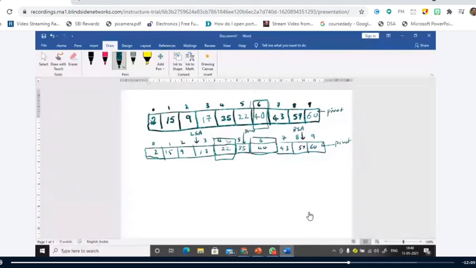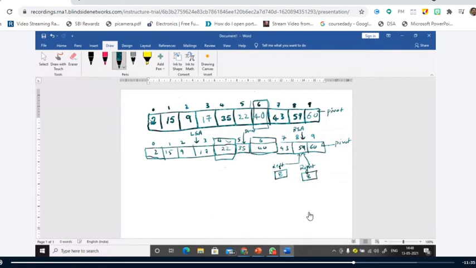Yes, sir. Now, the second step is you take the left pointer. What is the value of left? 7, sir. And you take the right pointer, which is pointing to 59. 43 compared with 60. Less than. Therefore, you increment the left pointer such that it is pointing to this location.